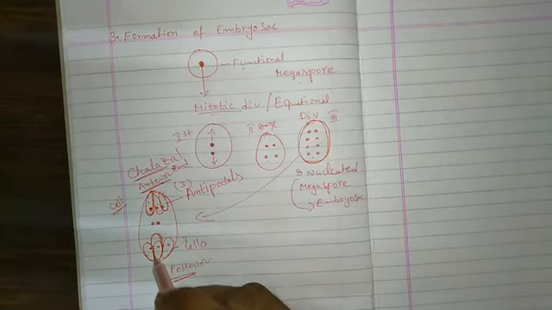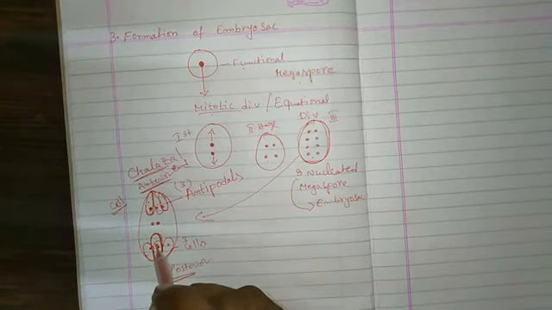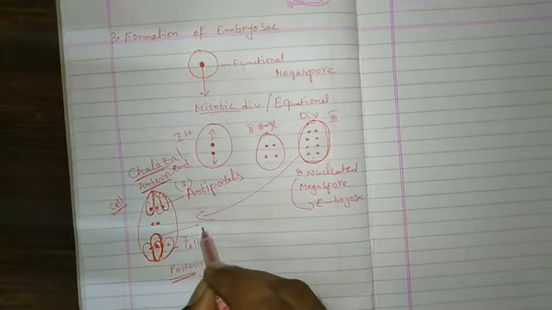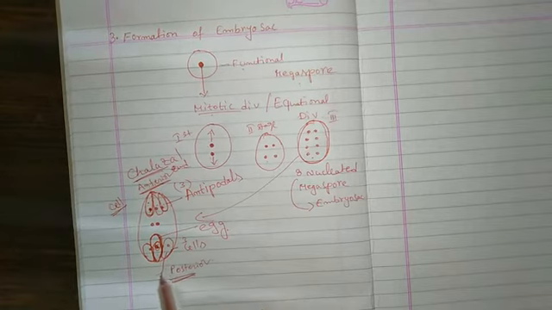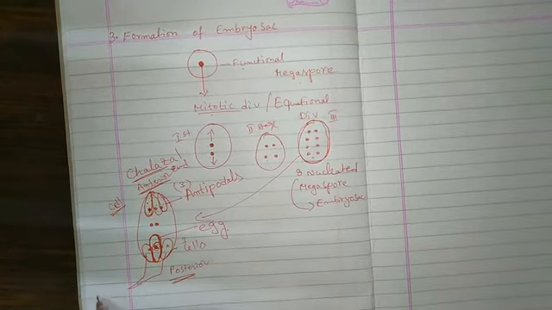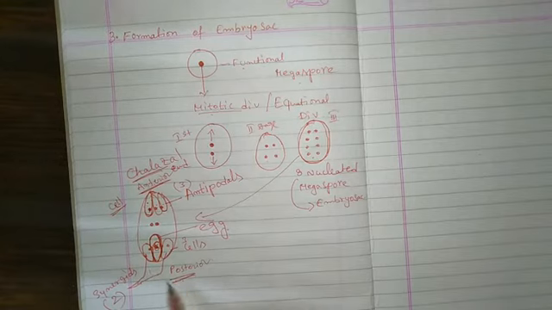In the central portion of the posterior side, there is a cell. This is called the egg, and both sides of the egg are called synergids. That means two synergids are present on the posterior side, or what we can say the micropylar end.